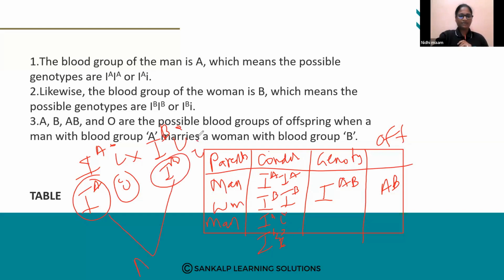IAIB is AB, IAi is A, IBi is B, right? Then i into i gives ii. So AB, A, B, O. Which phenotypes do we get here? A, B, AB, O, when both are heterozygous in condition.